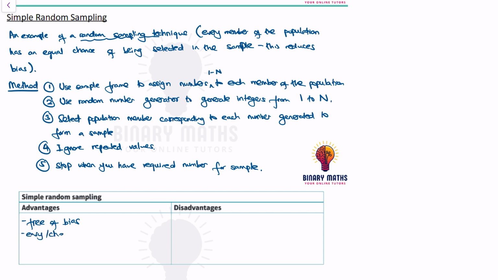It's easy and cheap to implement for small samples and populations, and there's an equal chance of selection.